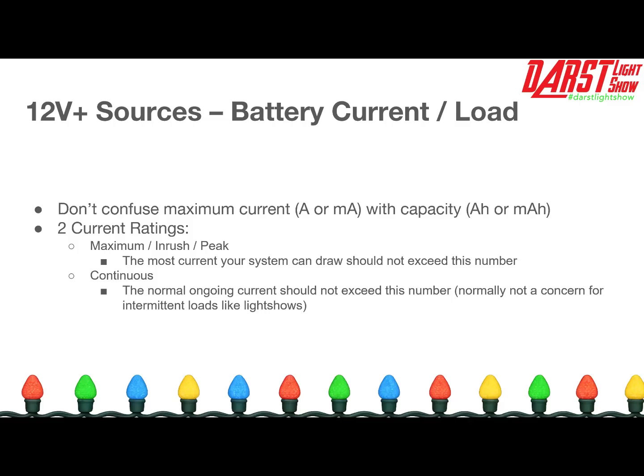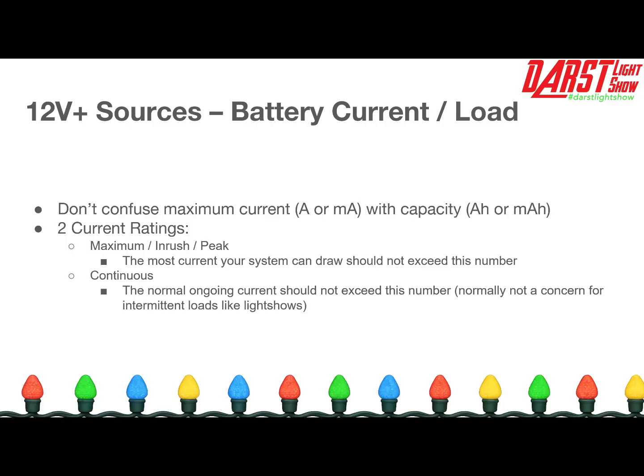So if you measure your total show consumption and you're at 20 amps, but your maximum rating for your battery is 18 amps, then you could cause damage by getting up to that 20 amps one time in an instant. If you are rated at, say, 18 amps continuous, then you might be rated at say like 25 amps peak.